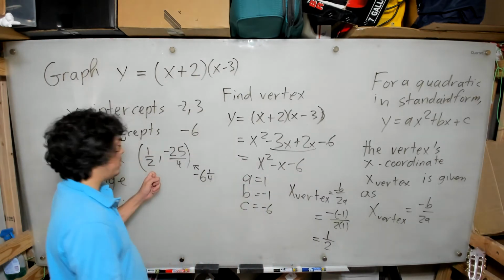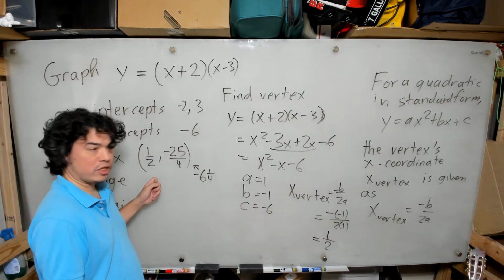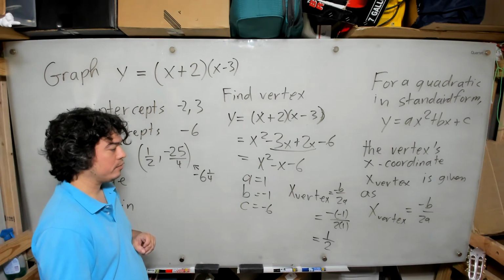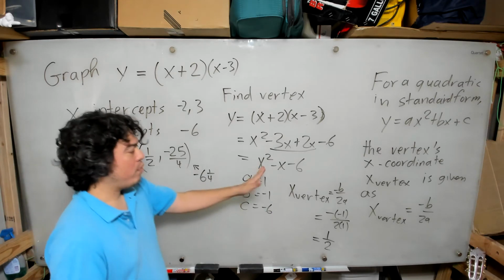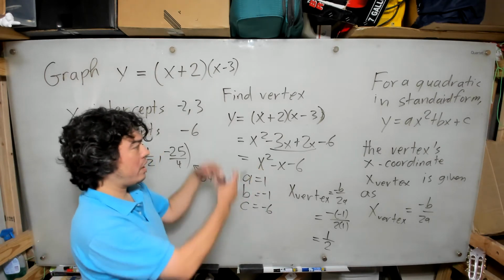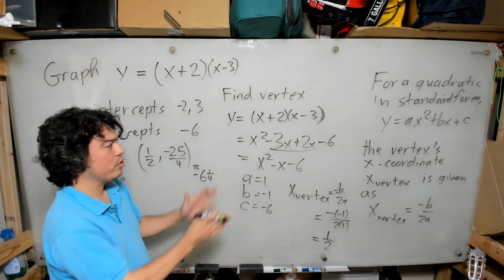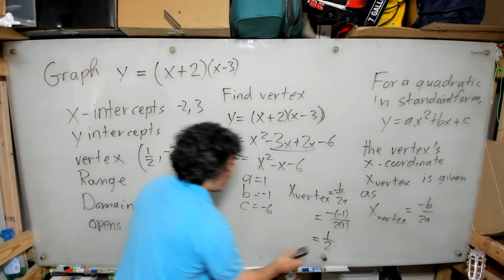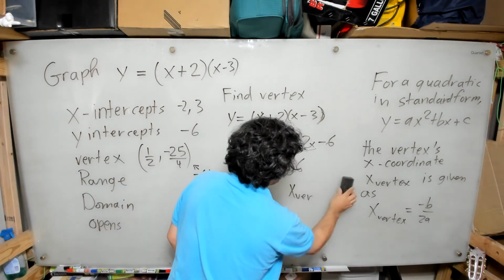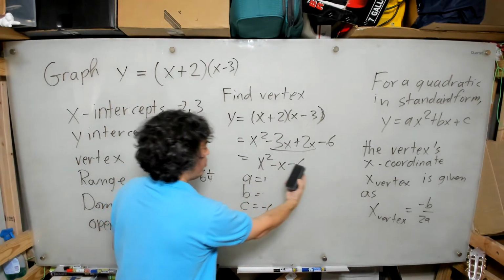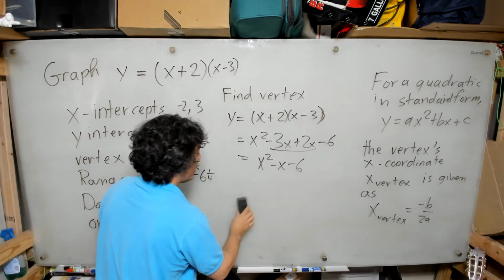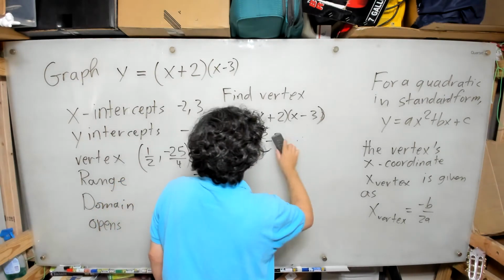So we still get the same x coordinate of the vertex. If we wanted to, we could plug it in here and get the y vertex, but we're not going to do that, because I know that from here you could do it. I encourage you to plug it into this form, and you will see that you get the same vertex.